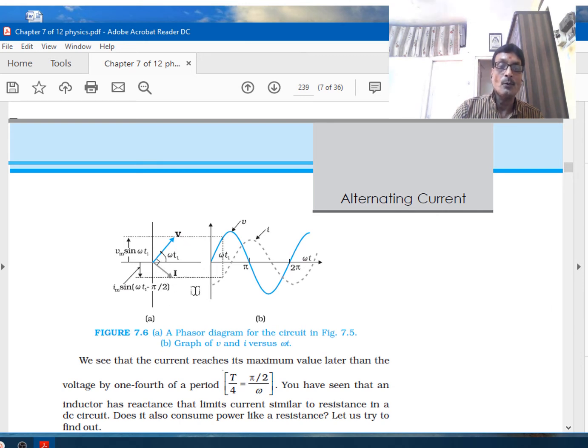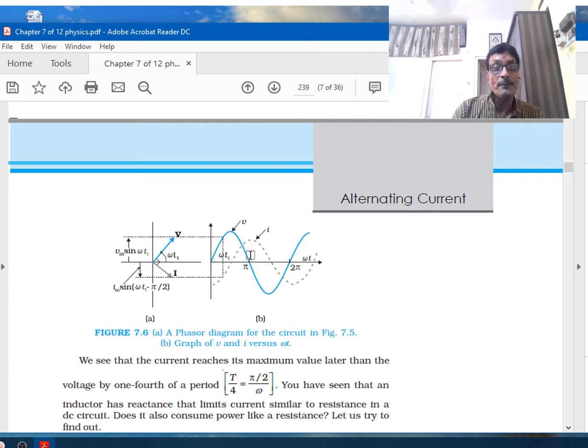This is the fourth quadrant. This is the first quadrant. The current lags behind voltage by pi by 2. So here we can write voltage equal to Vm sin omega t1, and here current Im sin of omega t1 minus pi by 2.